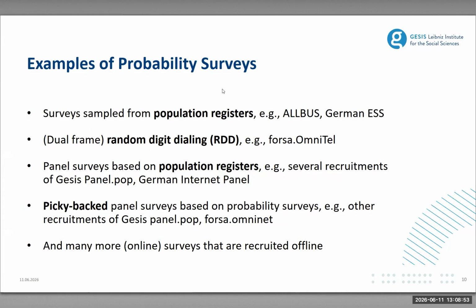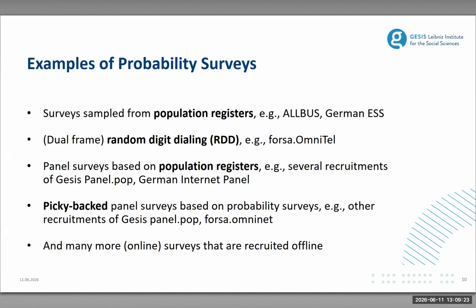Examples from the German context: probability surveys using registers would be like the ALLBUS or the German ESS. Random digital dialing based surveys would be Forza Omnitel. For panel surveys, we don't only have cross-sectional surveys, of course, we have panel surveys as well based on population registers, like some recruitments of the GESIS Panel.Pop or the German Internet Panel.